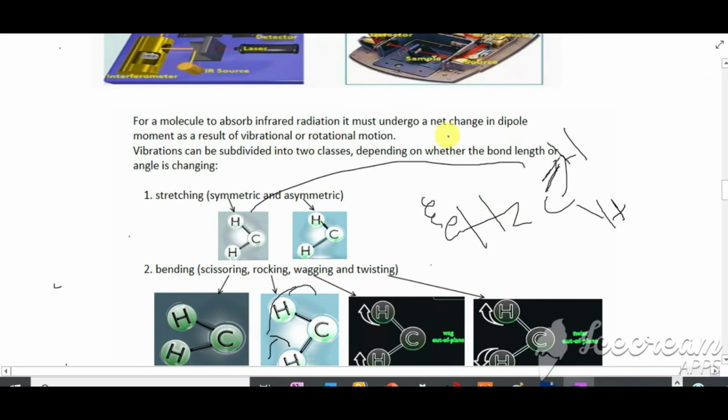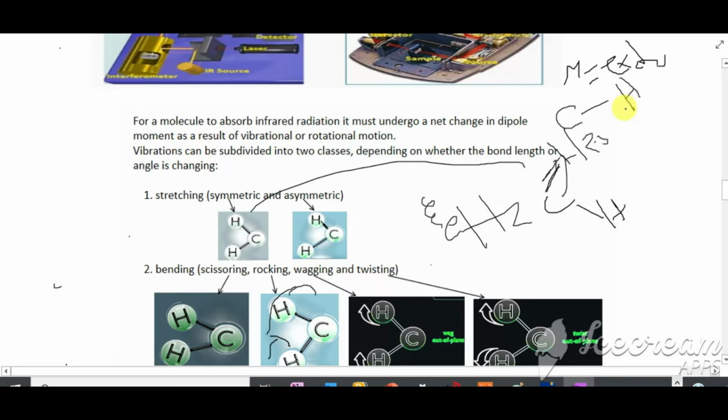One thing I want to mention is that it depends totally on the dipole moment of the molecule or compound. The dipole moment depends on the electronegativity of the compound. We can determine it from this equation, where e is the charge of the electron or atom and d is the bond length.